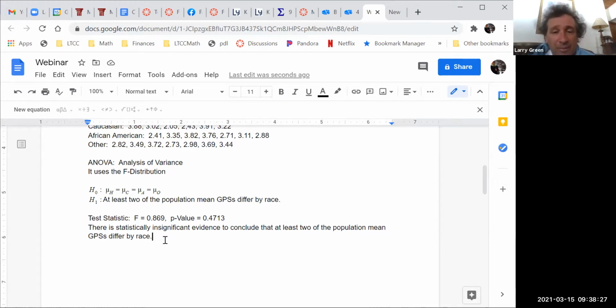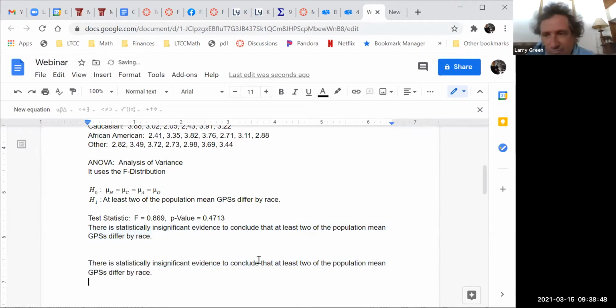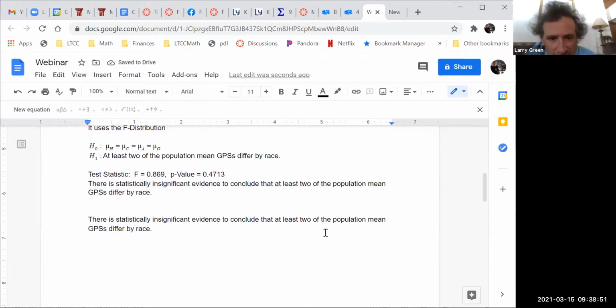Sometimes you'll also hear people say there's insignificant evidence to conclude that race is a factor in GPA. So I'm going to write that out because that's used a lot. It's equivalent in terms of meaning, but I want to let you know that this is said a lot: conclude that race is a factor in population mean GPA.